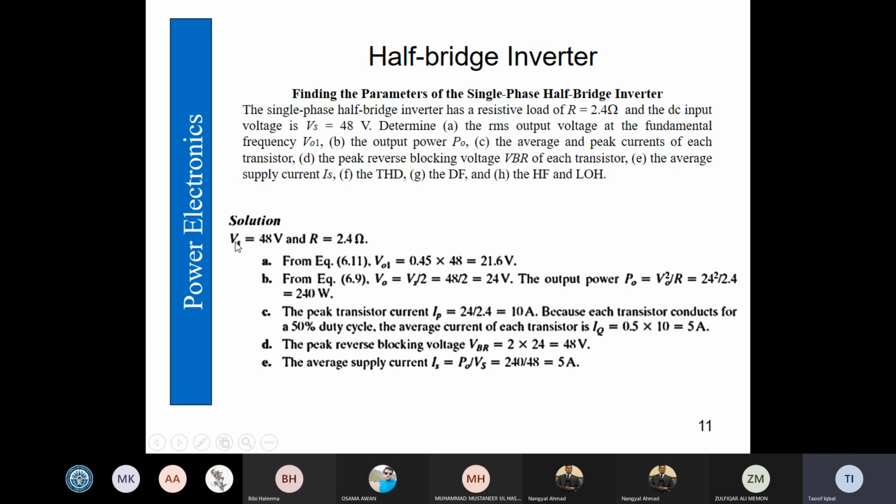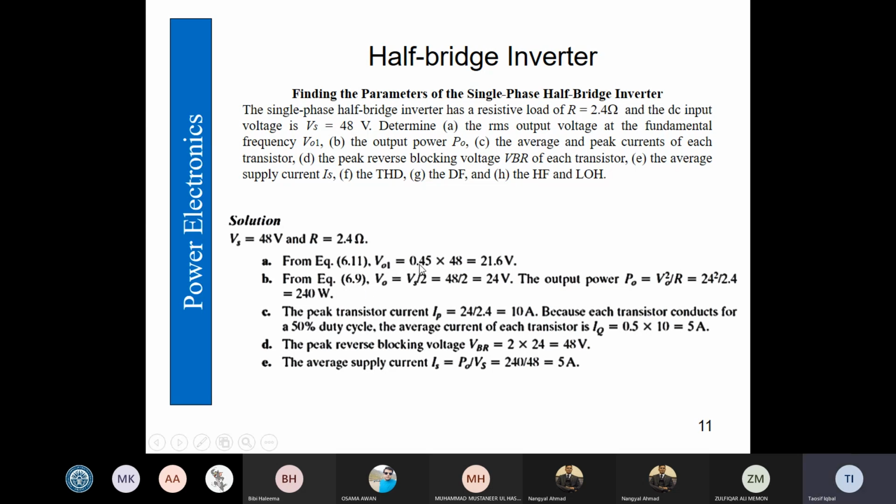So now we are given two input parameters, which is the supply voltage, DC voltage 48 volts, and a resistance load of 2.4 ohms. So voltage given is in the input side, DC side, whereas load is connected on the AC side, output side.